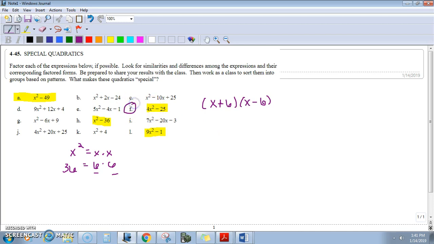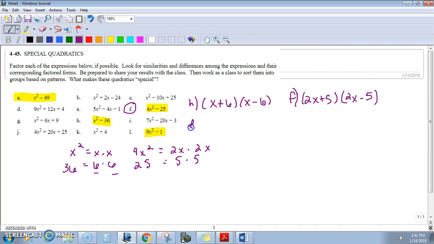What about f? 4x squared is equal to 2x times 2x. 25 is equal to 5 times 5. So my answer for f, this was h, my answer for f is going to be, this time it's going to be 2x here and 2x here, and then plus 5 and minus 5.